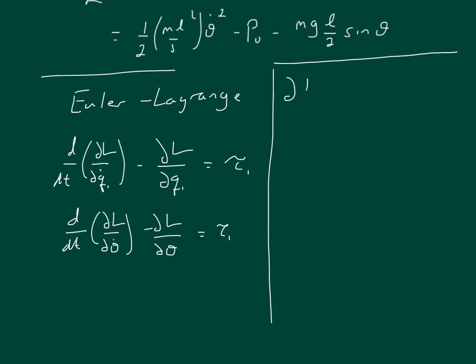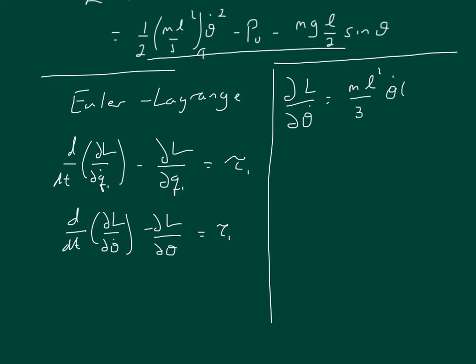So the partial of L with respect to theta dot. Now here we only look for places where there's a theta dot. So we think of theta dot and theta as being separate variables. So when we take the partial with respect to theta dot, we're only worried about this term. And so we get ml squared over 3 theta dot.